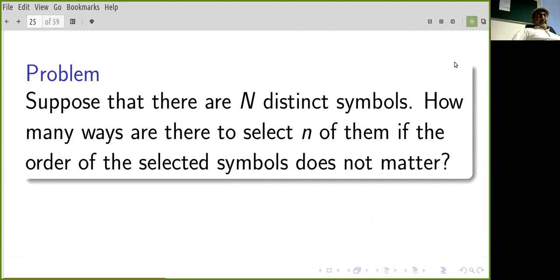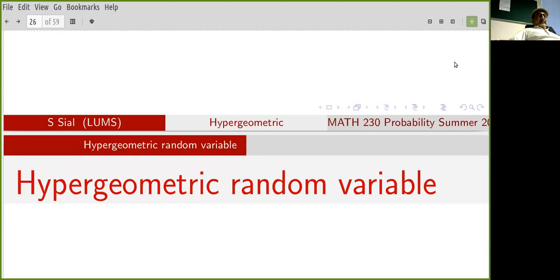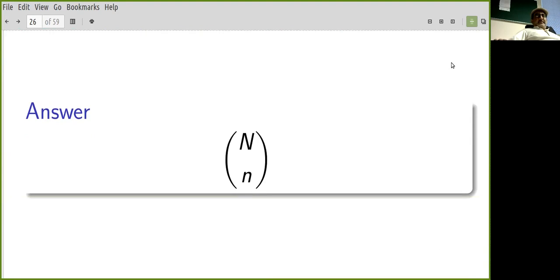We're going to select small n of them, and once you've made the selection, the ordering of those small n symbols doesn't matter, and the ordering within the remaining N minus n symbols does not matter. Okay, so then there are capital N choose small n ways of doing that.